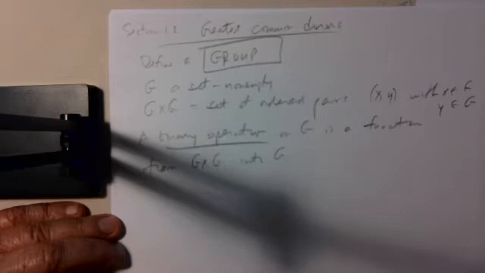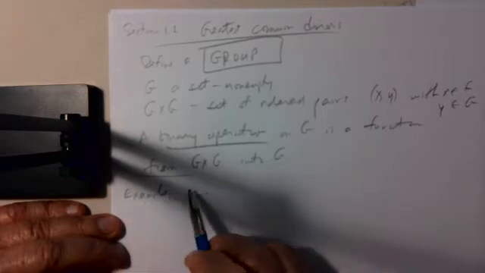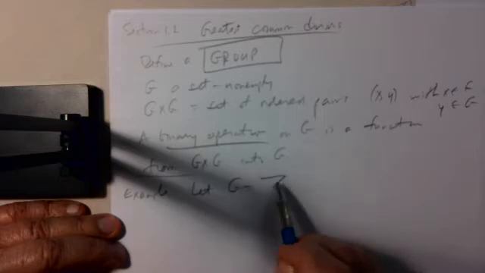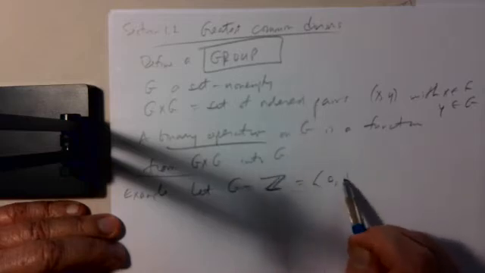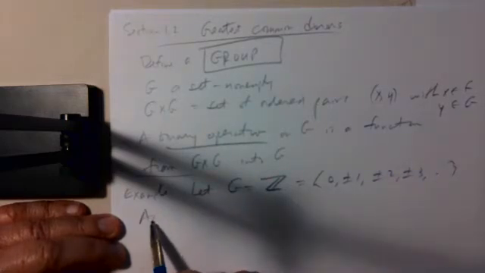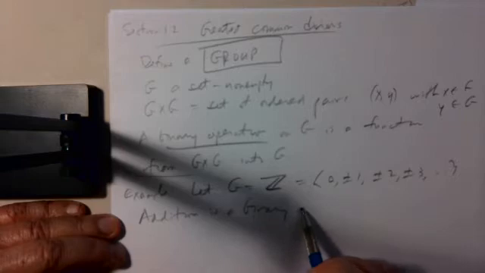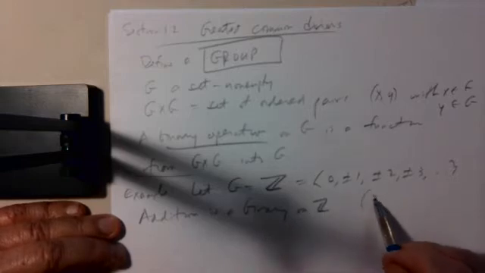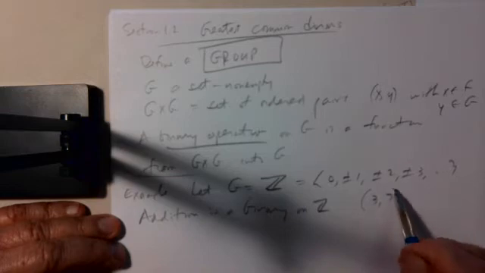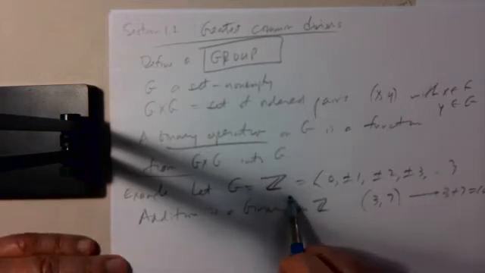This sounds perhaps a little bit abstract, but all we're talking about are things you know very well. For example, if we let G be Z, the set of integers, then addition is a binary operation on Z. For any pair, 3, 7, that gets sent to 3 plus 7, or 10.